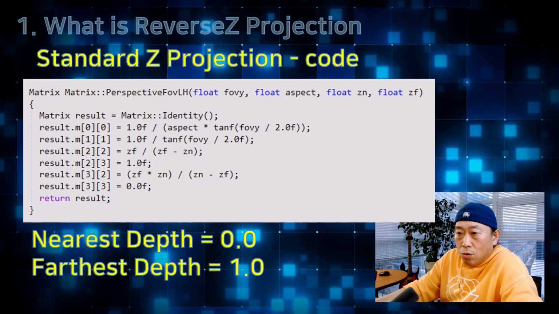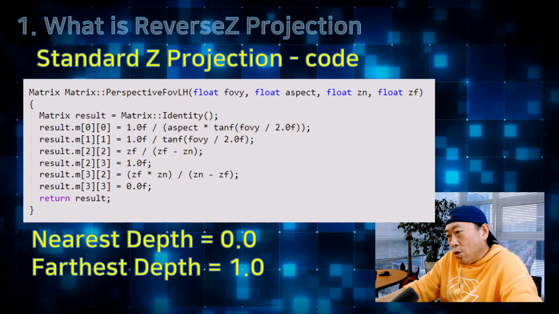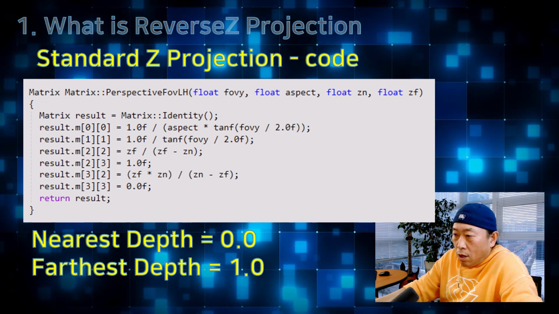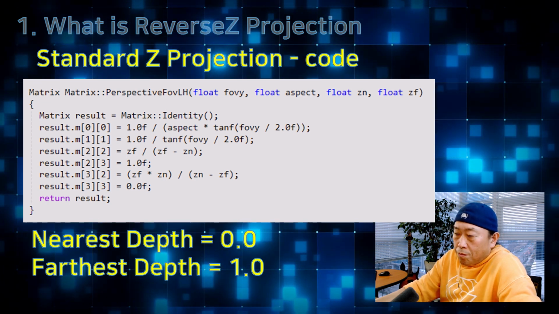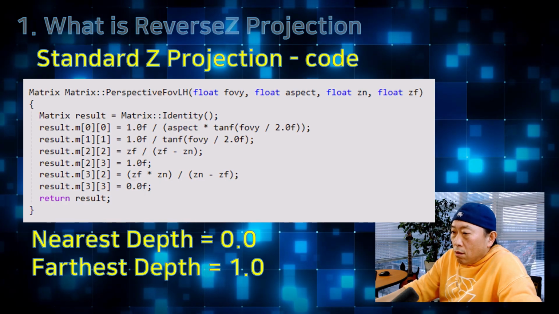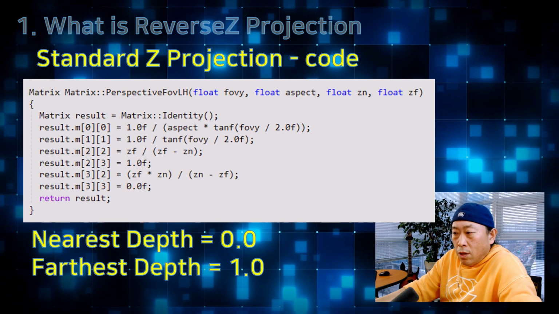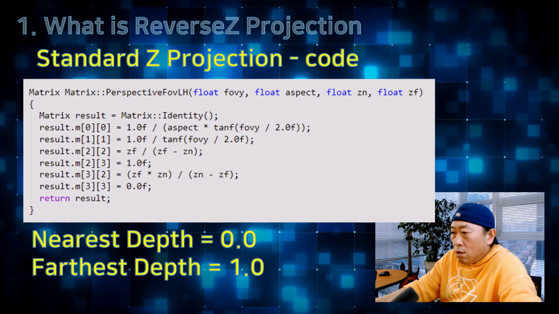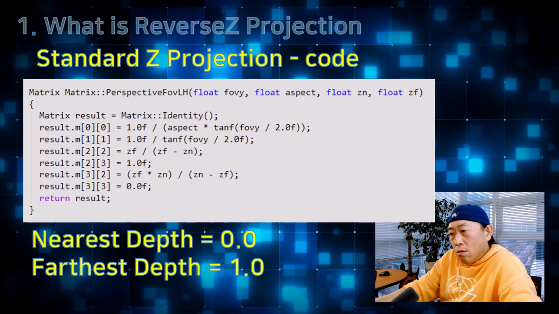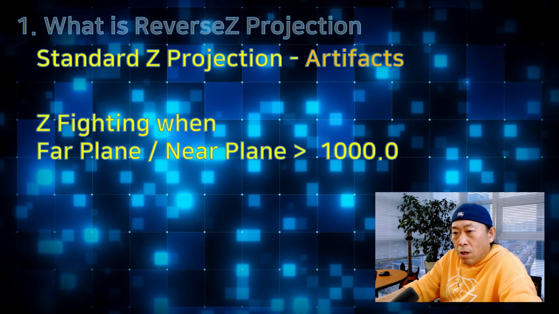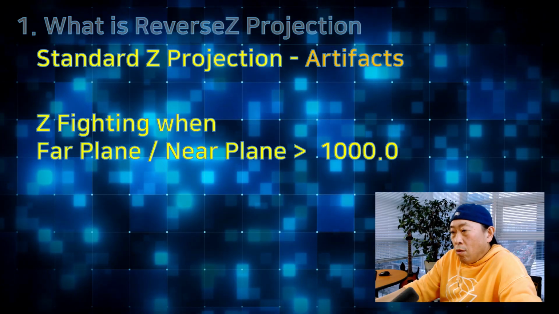Why did we change to reverse Z? There are limitations of standard Z projection. The major limitation is that the ratio of far plane to near plane is limited. If the ratio is greater than about 1000, many artifacts may occur.